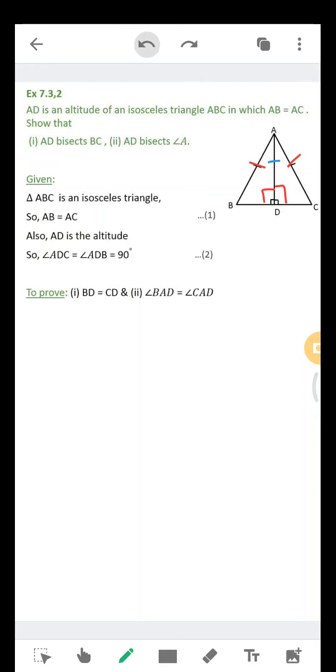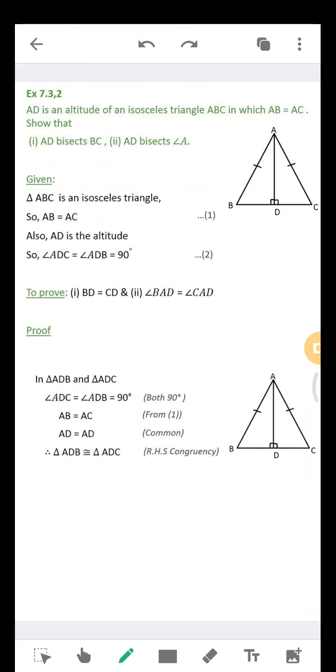So let's continue with the steps now, how to write the steps. In triangle ADB and ADC, we can say angle ADC is equal to angle ADB is equal to 90 degrees. Then AB is equal to AC, just now I said, and AD is equal to AD, that is common.